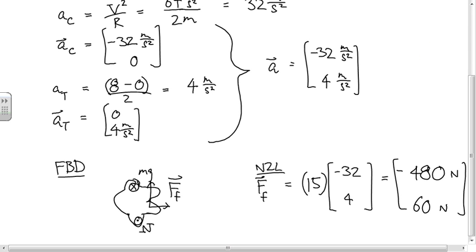Well, that's all for circular motion. So now we're going on to conservation of linear momentum and conservation of energy.